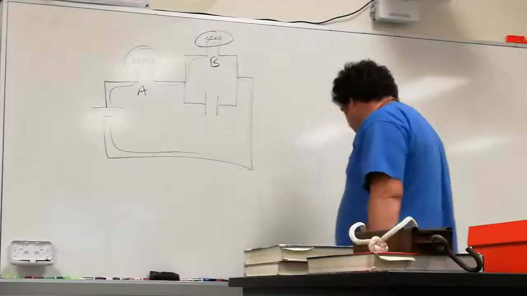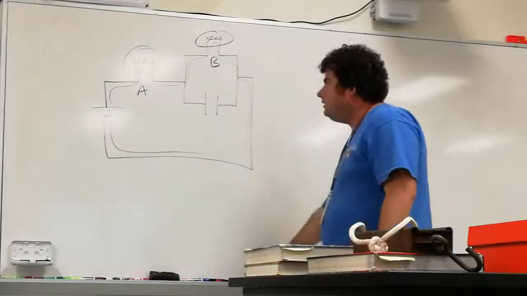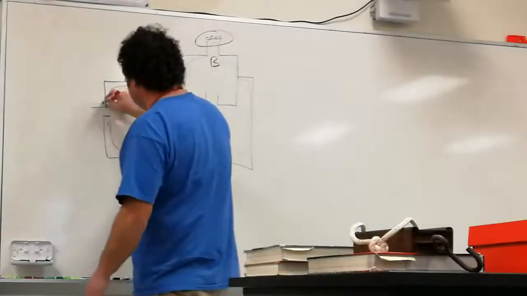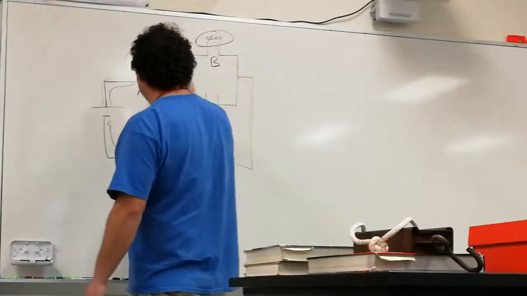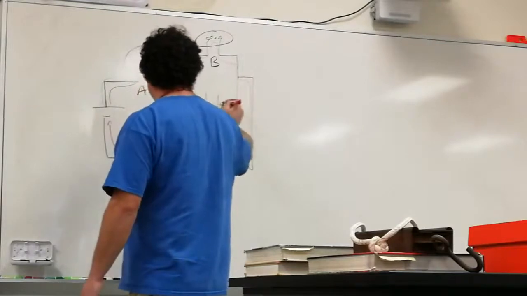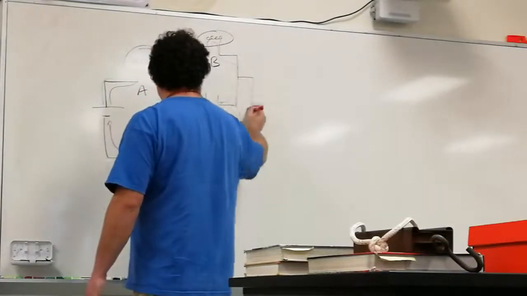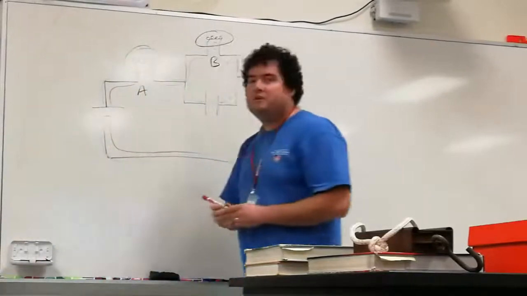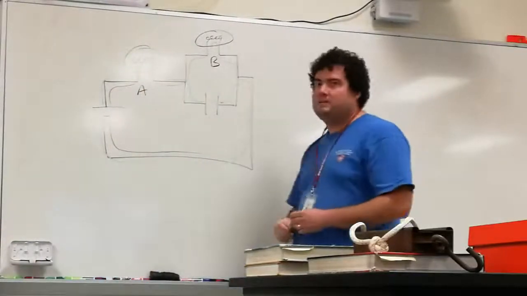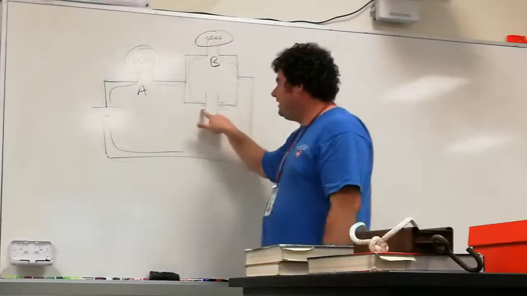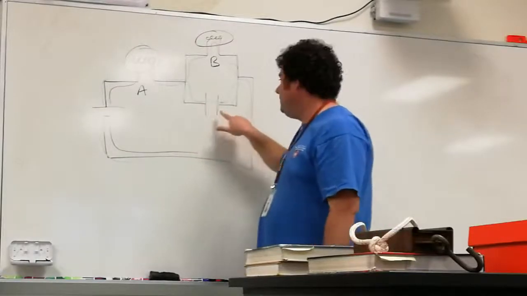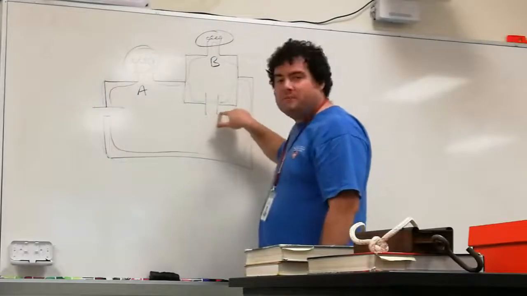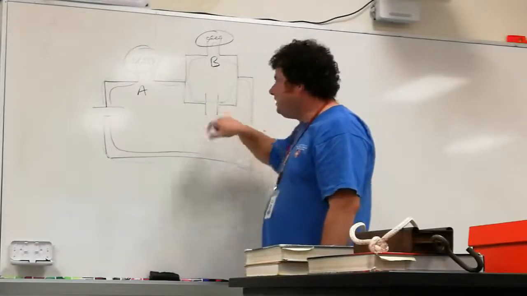But there's another route it could take as well. It could appear to flow through this capacitor. Now, current doesn't really flow through a capacitor, but electrons can get taken away from this plate, and electrons can get added to this plate. And while the capacitor is charging, it appears like current is passing through.